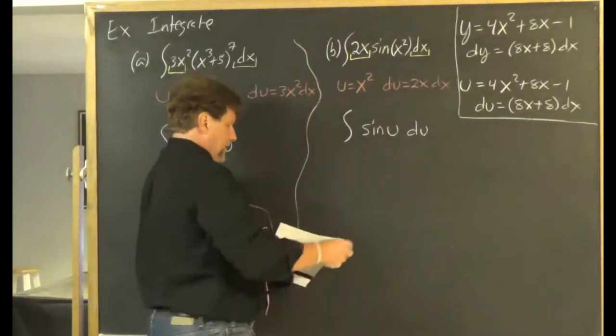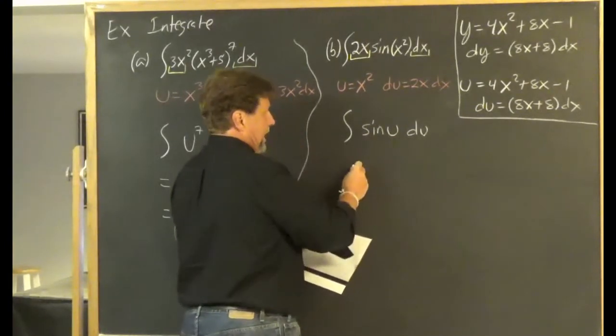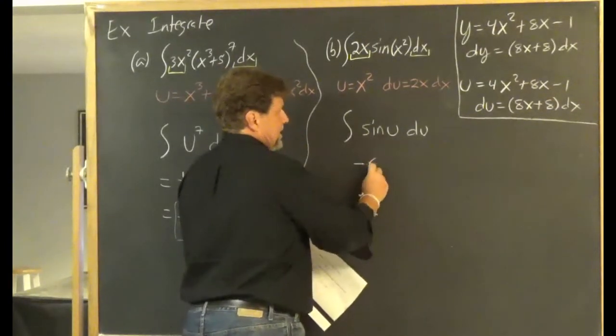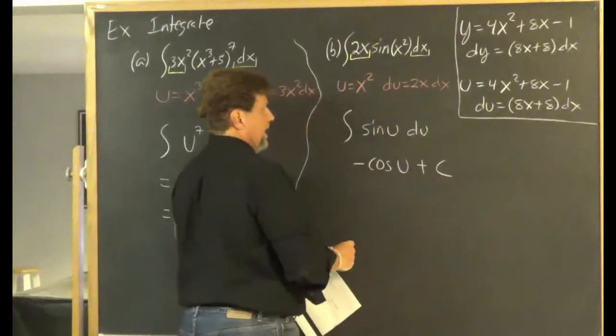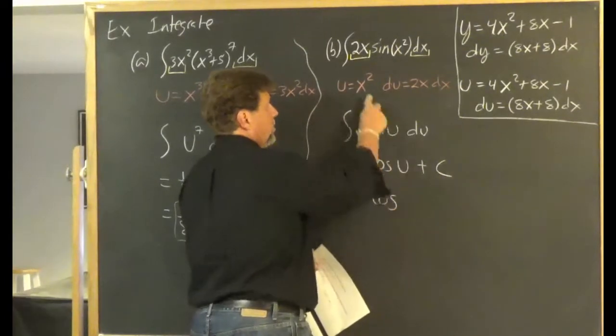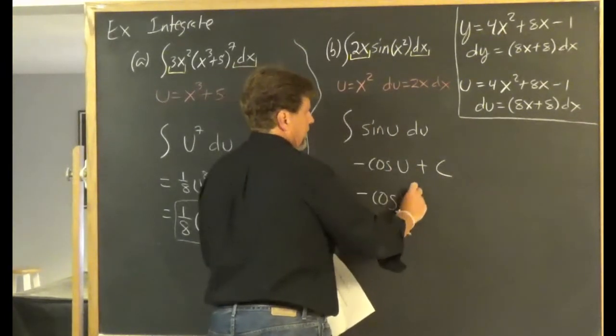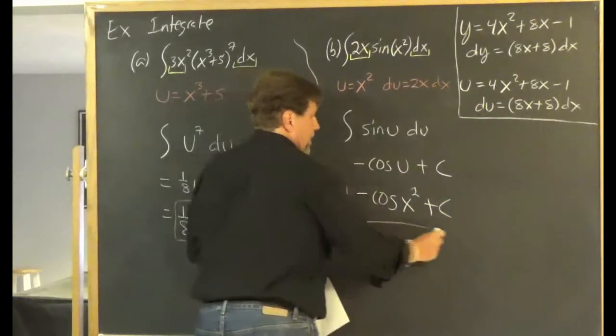The antiderivative of sine is negative cosine of u plus c. Then you resubstitute. So u is x squared, so we have negative cosine x squared plus c. How do I know if that's correct?